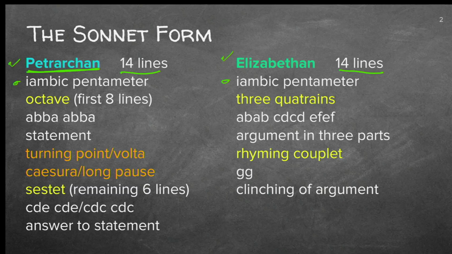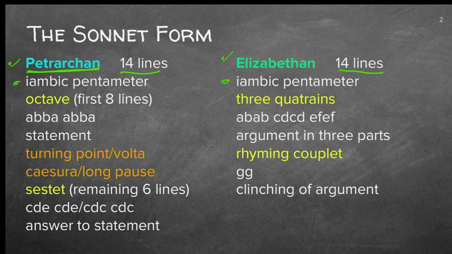It is the rhythm that goes ta ta ta ta ta ta ta ta. Iambic pentameter means that there are 10 syllables, 5 feet and 5 stressed syllables. So now we get to the differences between the two sonnet forms.